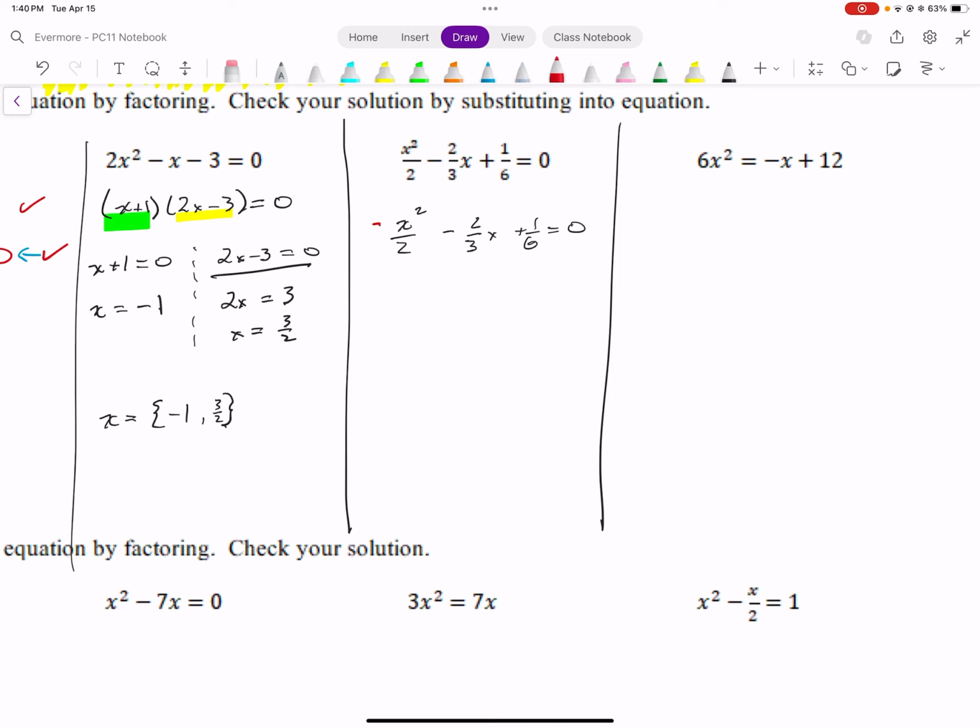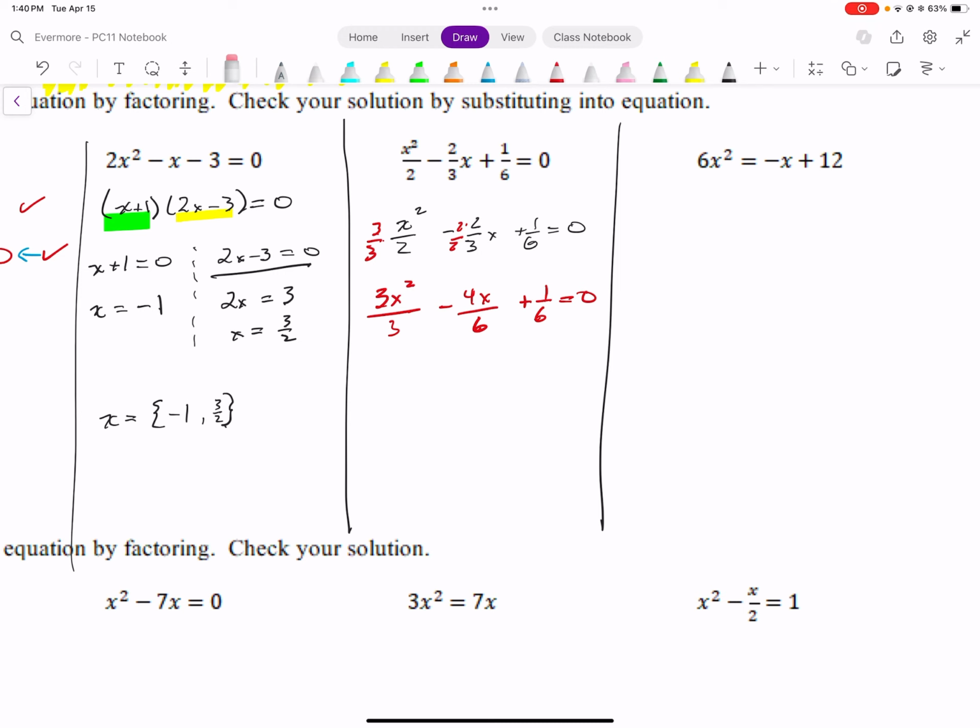So this first term, I need to multiply both top and bottom by 3. This second term, I'm going to multiply both top and bottom by 2. The resulting equation is going to be 3x squared over 3 minus 4x over 6 plus 1 over 6.